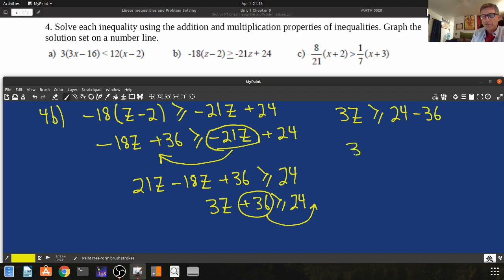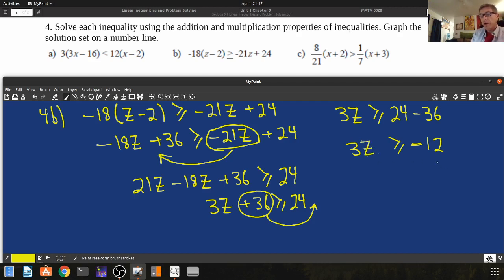So that is 3Z, doesn't look much like a Z there, is greater than or equal to 24 minus 36 is minus 12. I don't really like that Z. I started to write the inequality and realized I needed to be writing a Z. So let's write the Z right there.